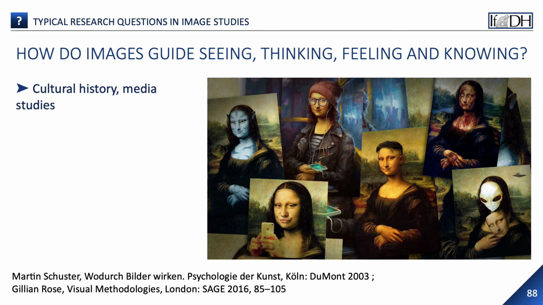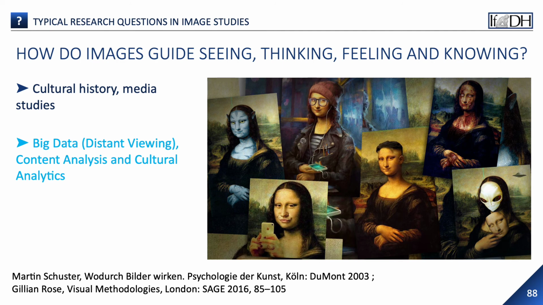These questions of media psychology and more generally of media studies and cultural history are again directed at image structures in a larger context. Here, the Mona Lisa would only be one individual case among many, and one would try to describe and make visible the breadth of phenomena starting from here.